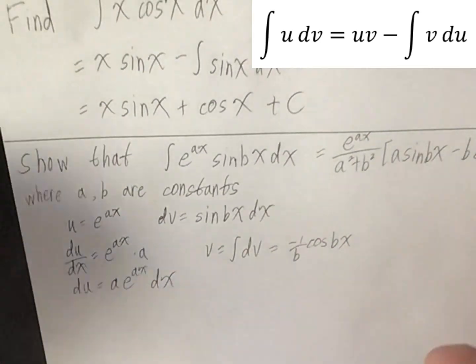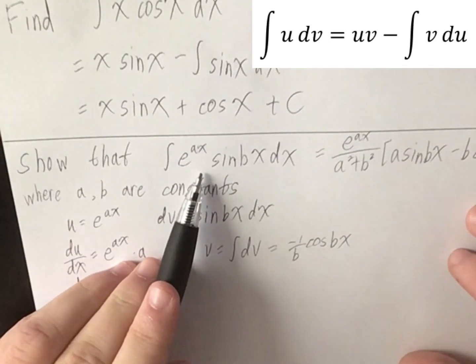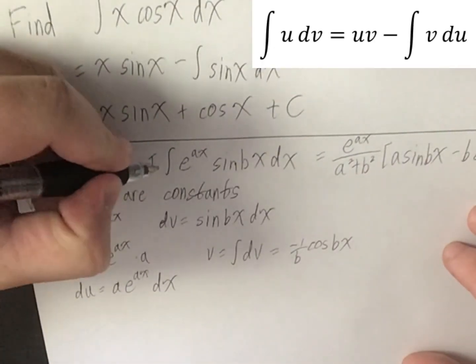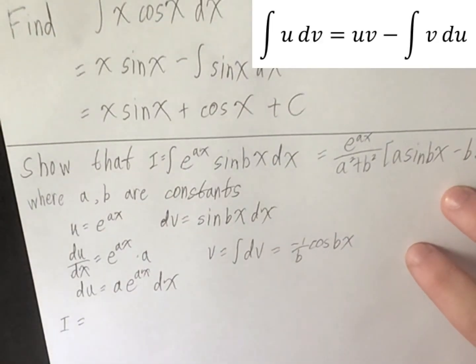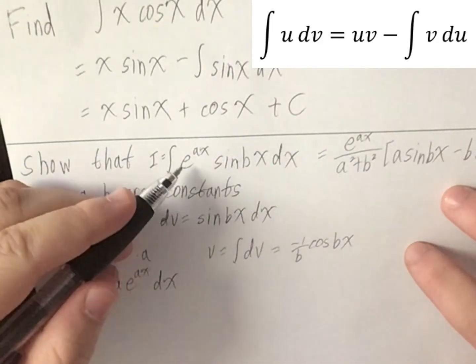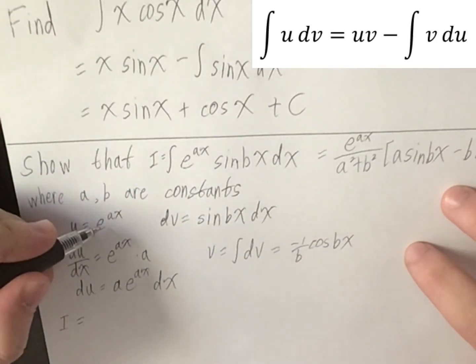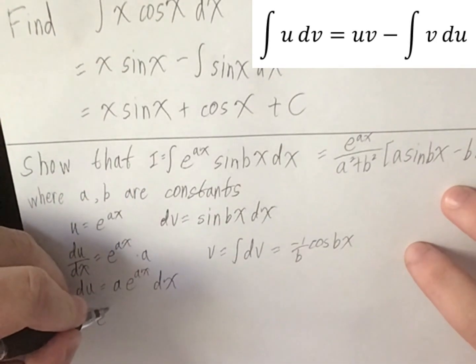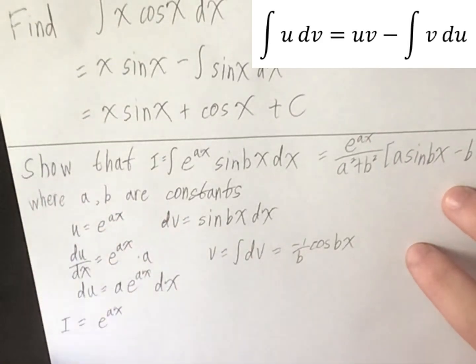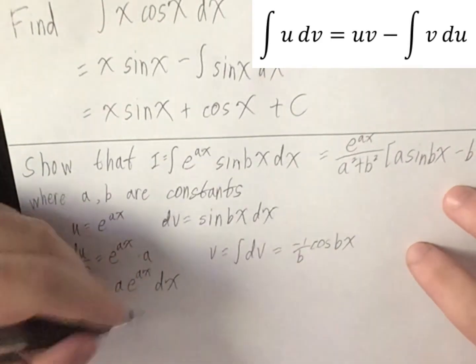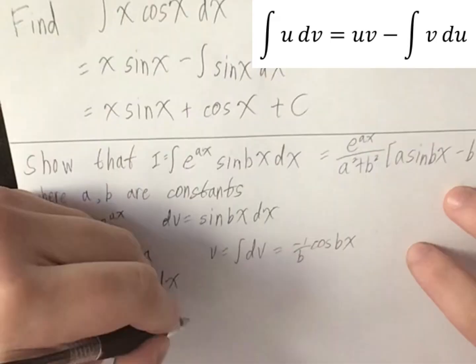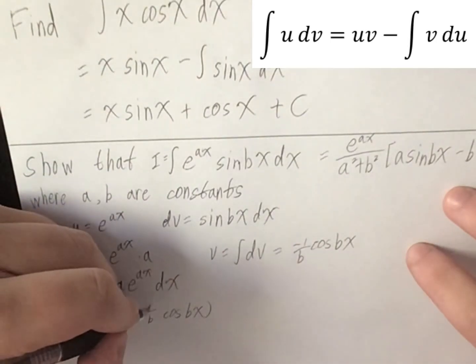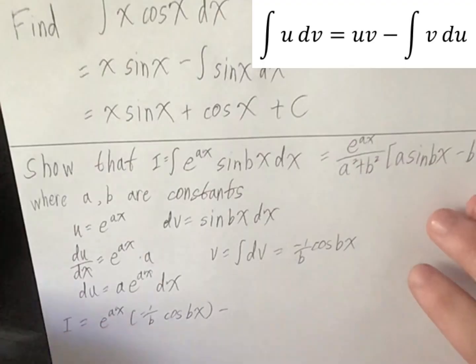You can just use the integration by parts formula. Now for this integral, I will let it equal I, because I don't want to write this whole expression again. We say I is equal to, and if you remember your formula, the integral of u dv equals uv. u is e to the ax, and v is minus 1 over b cosine bx, and then minus the integral of v du.